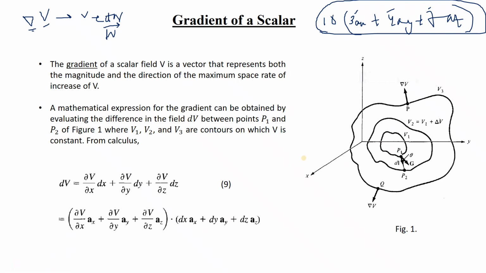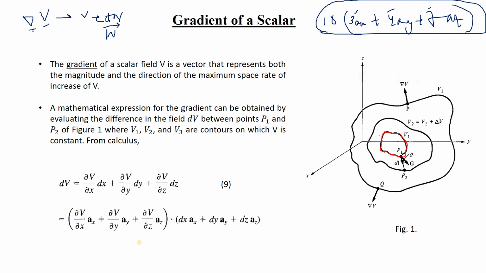V1. Now it is called an equipotential surface because this entire inner curve is having potential V1 all through the surface. That means everywhere the potential is V1, it is not changing.